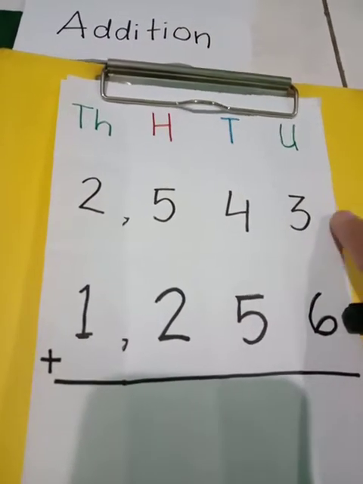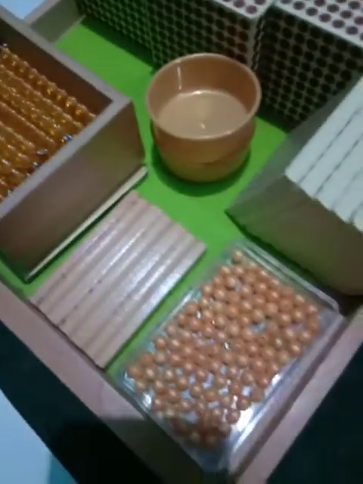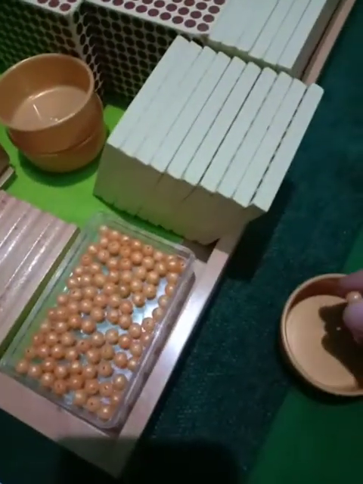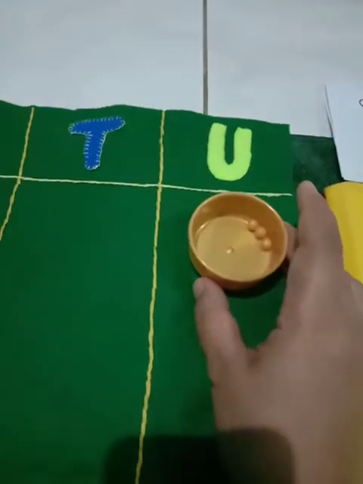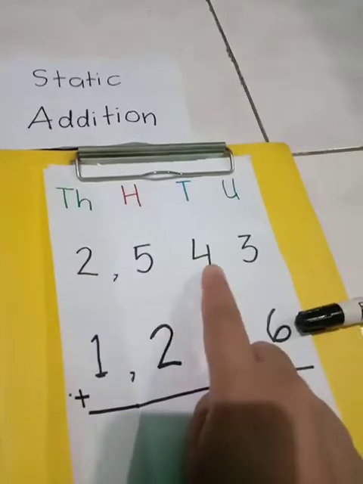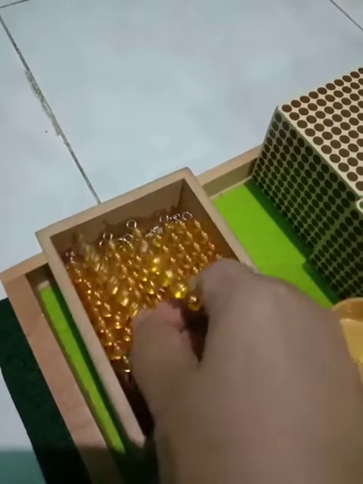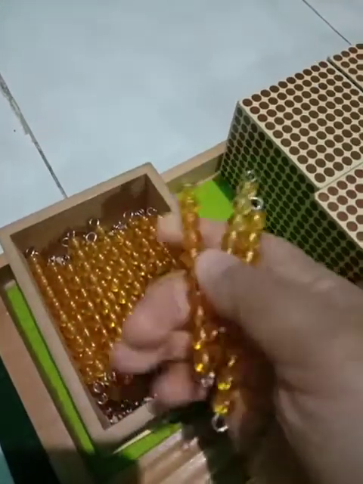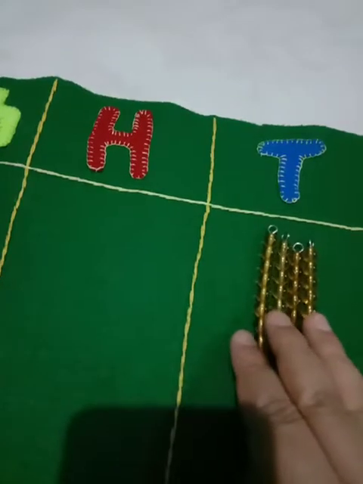Okay, let's build the number using the golden beads. Let's start from the first addend. How many units? 3. So I'm going to go here. 1, 2, 3. I'm going to put here in the unit place. And then 4 tens. 1, 2, 3, 4. And I'm putting them here.